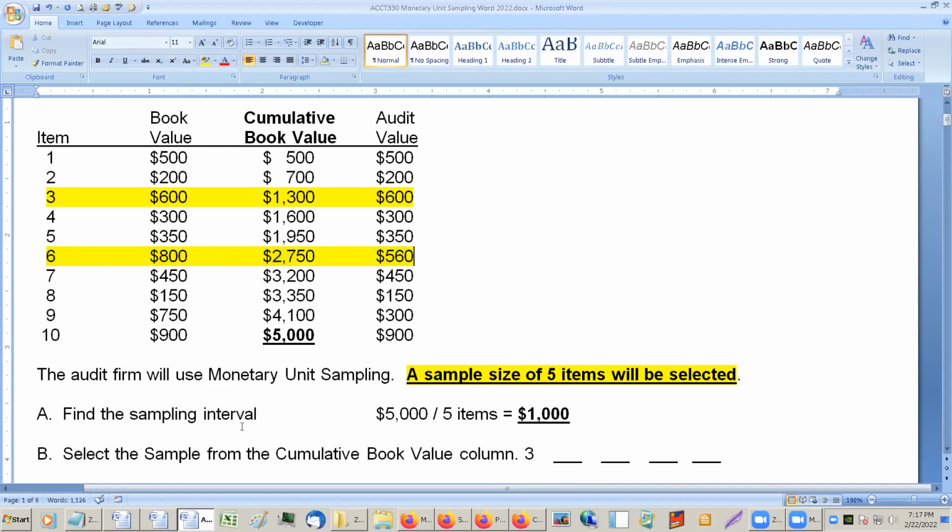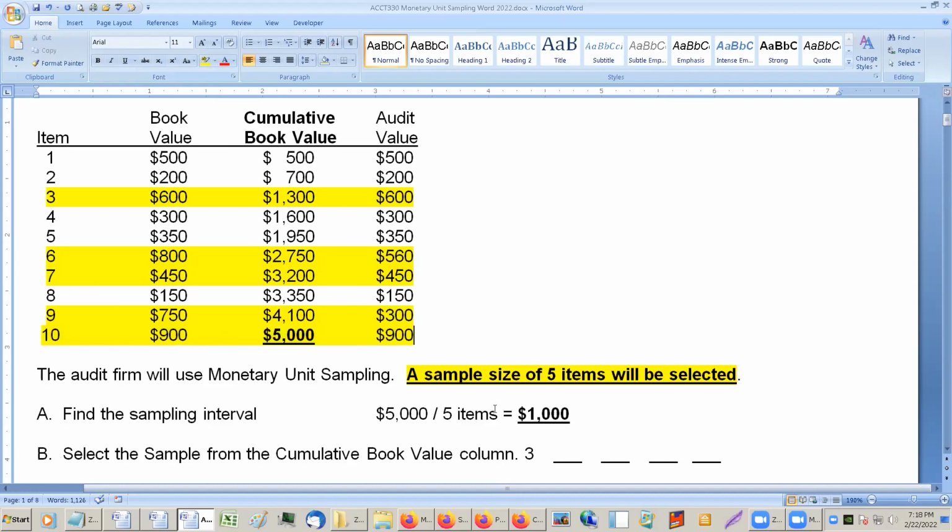Which one goes over 3,000? 7. And 4,000? 9. 10. Okay, so now we have our sample.